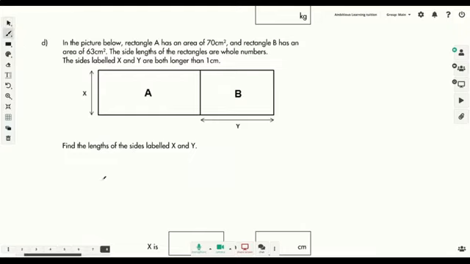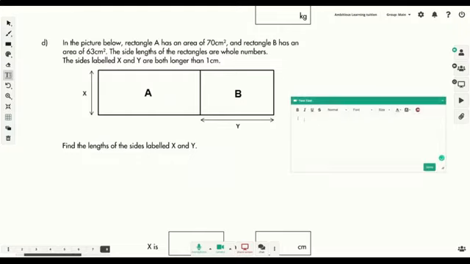First, I'm going to write down all the values. You need to write down all the factors of 63. They are 1, 63, 21, 7, 3 and 9.